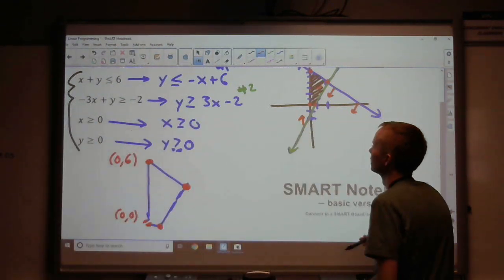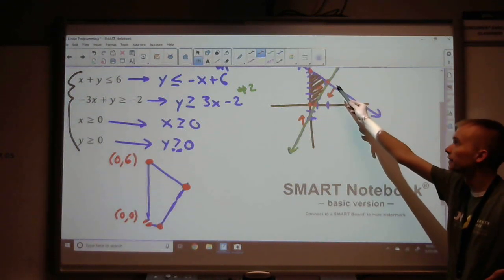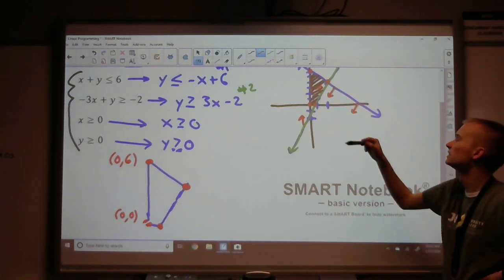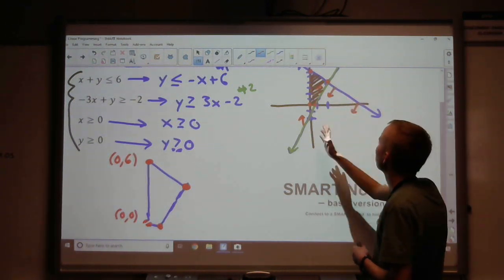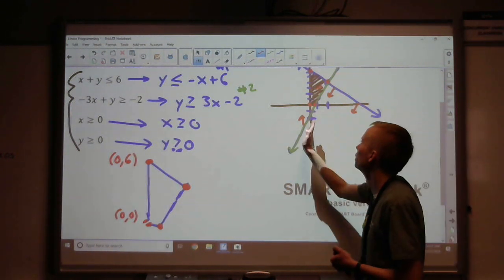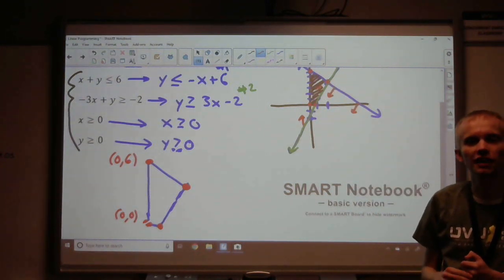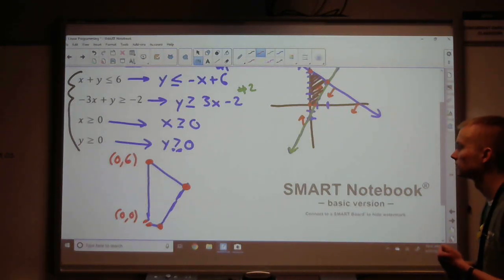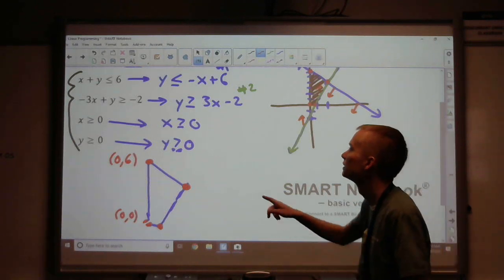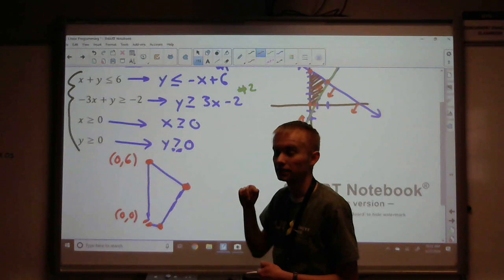Now, let's do this point. Okay? To get this point, we've got these 2 lines intersecting, right? Number 1 and number 2, those are intersecting to give us that point. So if I want to figure out where this point is, we have to figure out where the lines from these 2 inequalities intersect.